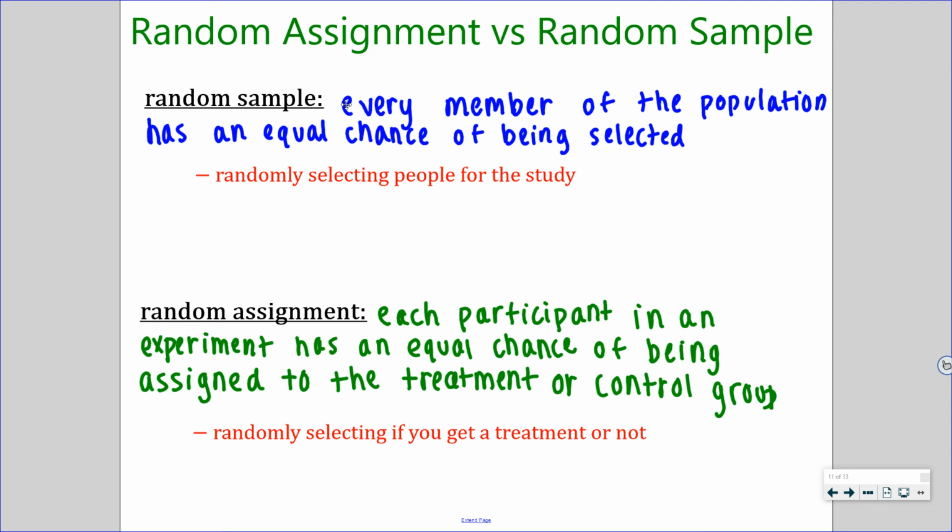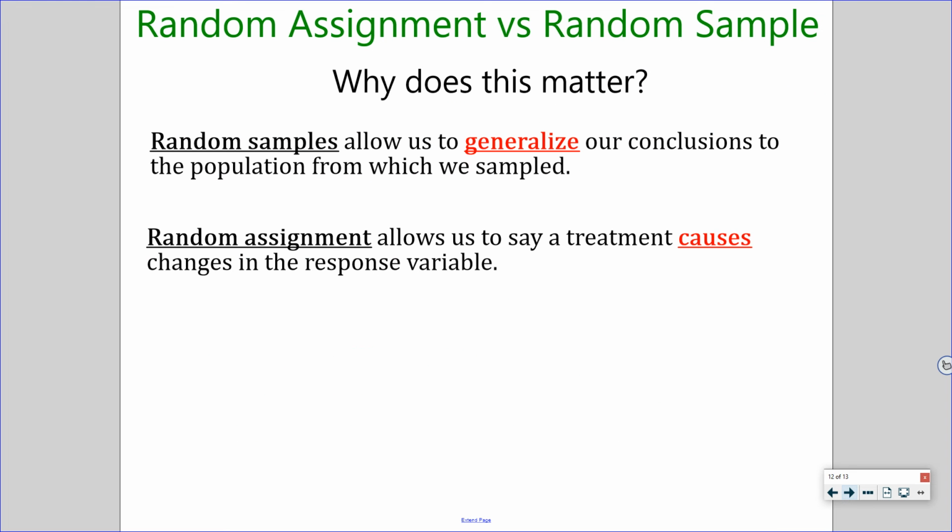Here's why it matters, and here's the activity we're going to do. It's about when we're allowed to say that something causes something else, a cause and effect relationship. Remember, we can't do that in an observational study. In order to prove a causing relationship, we need some type of experiment.